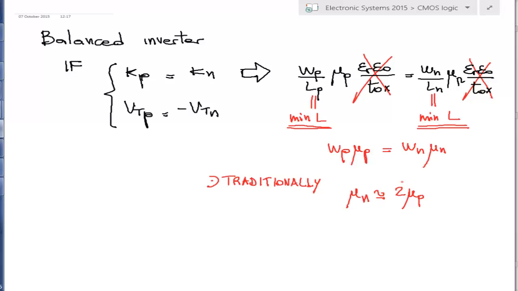Because of the crystalline structure of silicon and the property of the element, electrons travel faster than holes, they have a higher mobility. It's 2 times, sometimes it's even close to 3 times. It really depends on the material. Let's put 2 in our case. This means that, in order to compensate, we keep Wp about twice Wn. So we use wider P transistors.